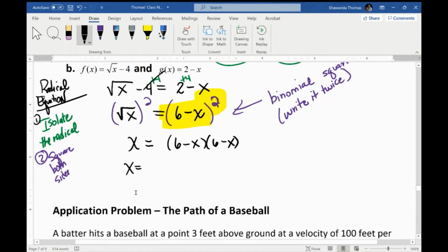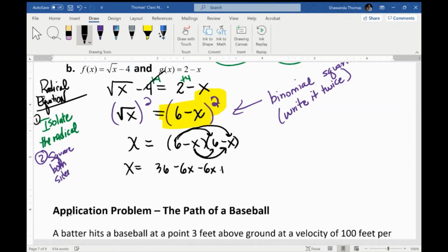We like the acronym in math for some reason, but really, we're just doing the distributive property, or just simply multiplying these two together. 6 times 6 will give us the 36. 6 times negative x, negative 6x. Then negative x times 6, negative 6x. And negative x times negative x is positive x squared.